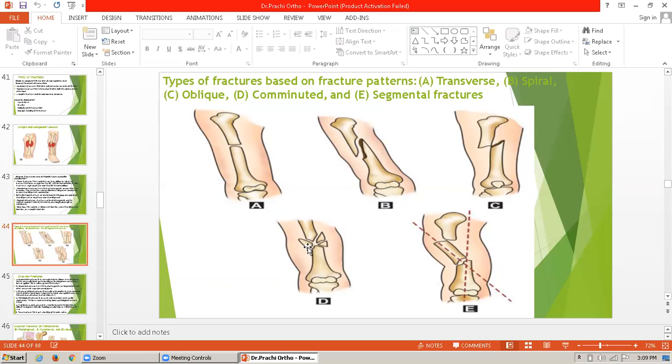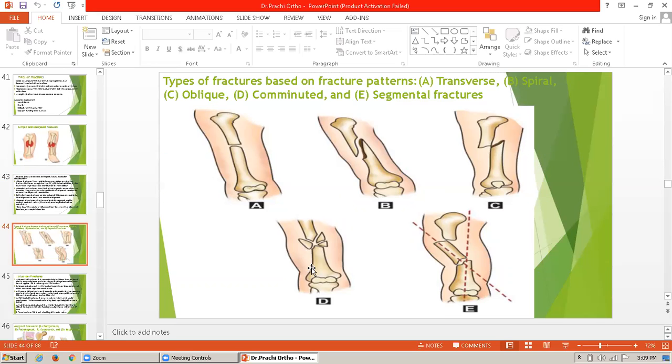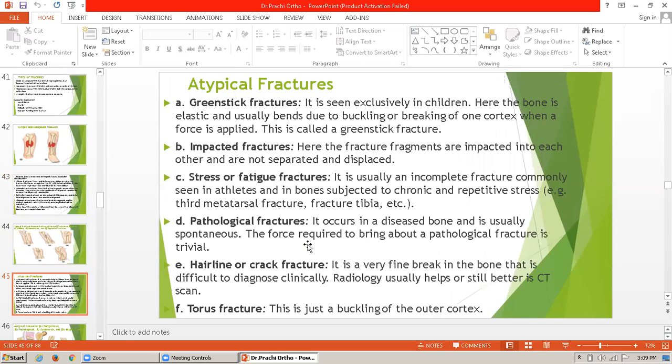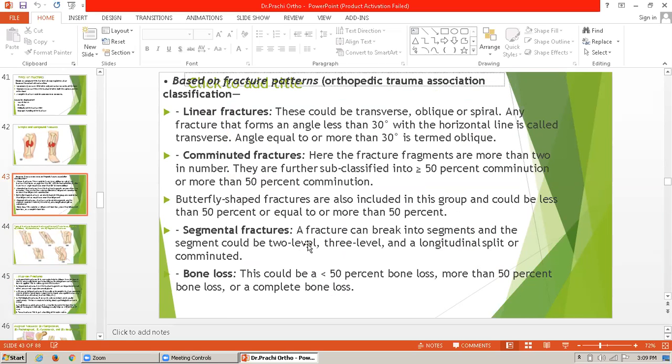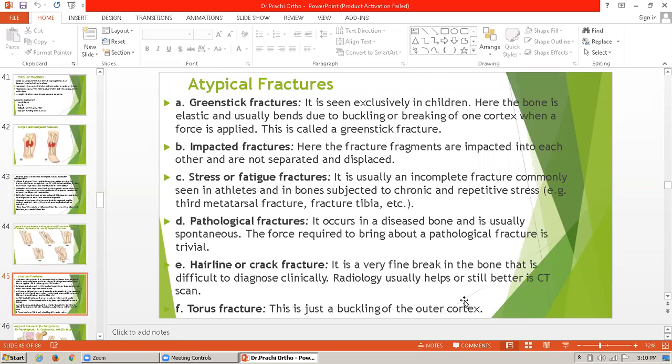And this is a comminuted fracture, where the fracture fragments are more than two in number, further subclassified into 50% or more than 50% contact. The last one is the segmental fracture, in which we can see how the bone is divided into two to three segments.